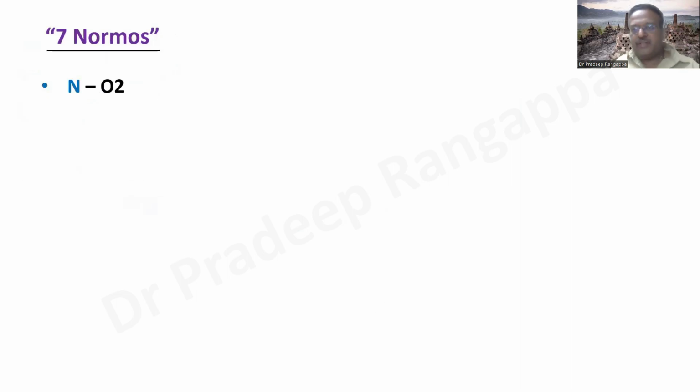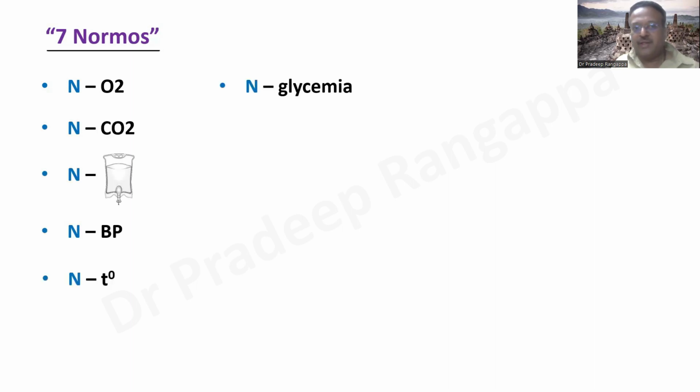And I have to mention that the clinical indices to mitigate secondary insults are most important. So in our ICU, we follow the 7 normos principle: normoxia, normocapnia, normovolemia, normotension, normothermia, normoglycemia, normosmolality. This has to be dinned into every nurse looking after the patient.